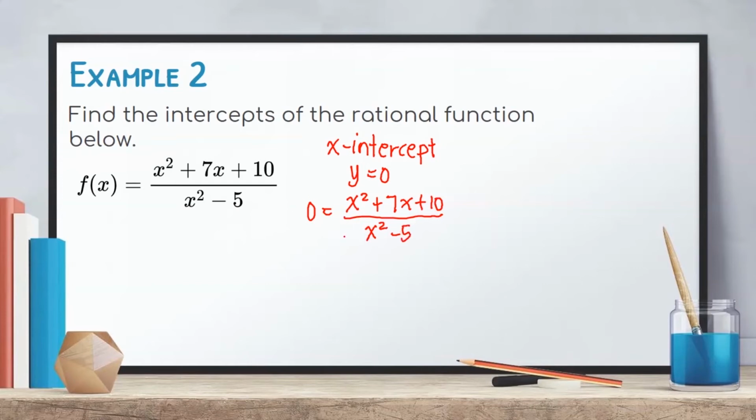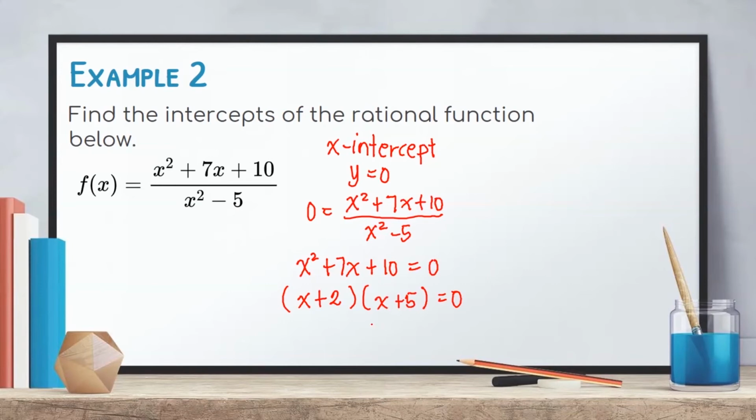When we do cross multiplication, we will have x squared plus 7x plus 10 equals 0. Since this is a quadratic equation, we need to factor it. The factors of x squared plus 7x plus 10 are x plus 2 times x plus 5.